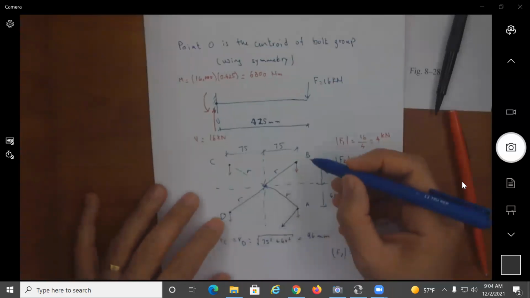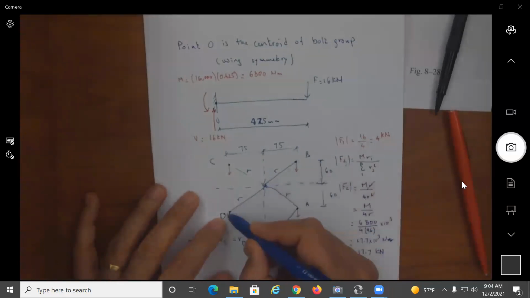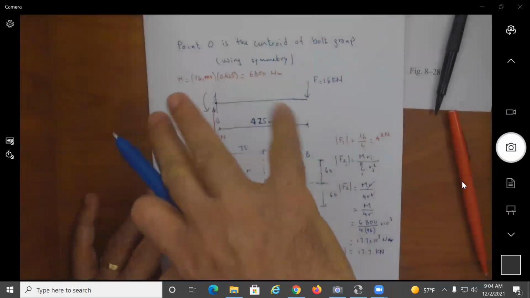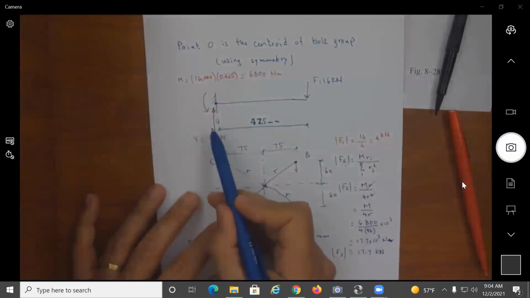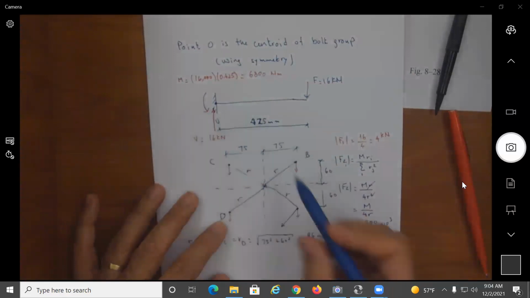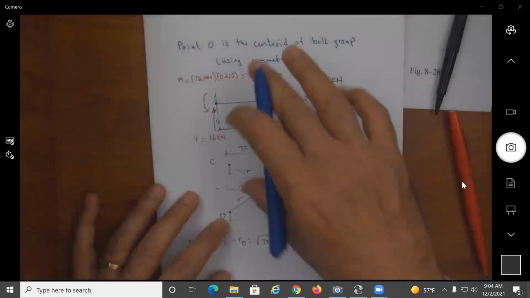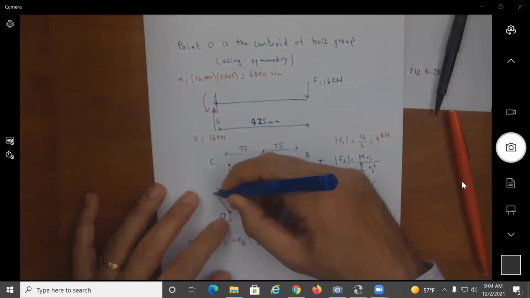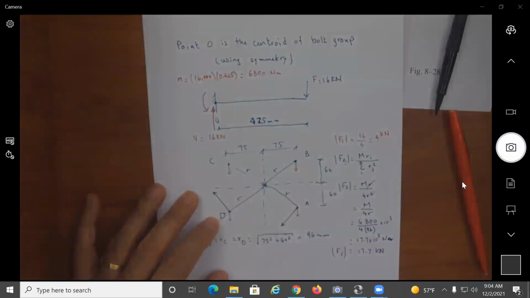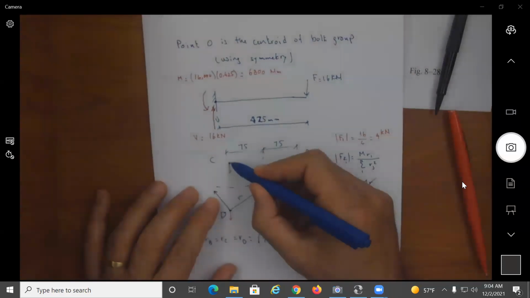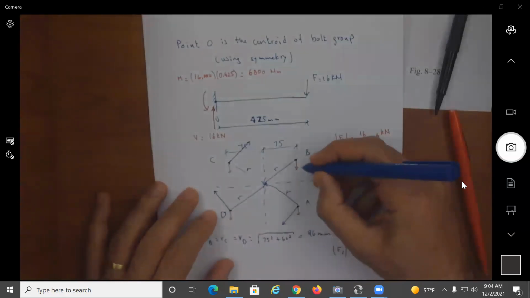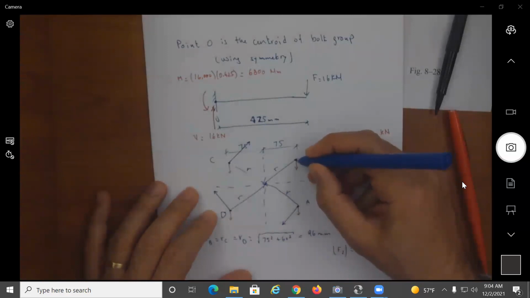I come here at, let's say, D, and I come perpendicular. This moment is trying to rotate clockwise. Remember, this is the reaction moment, so it will be trying to rotate clockwise. It's going to be perpendicular, so I get this here. I go to C, and again perpendicular, I get this component. Come to B, and I get the component perpendicular like this.